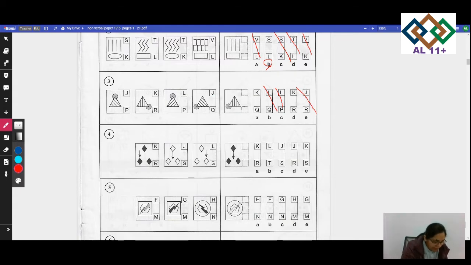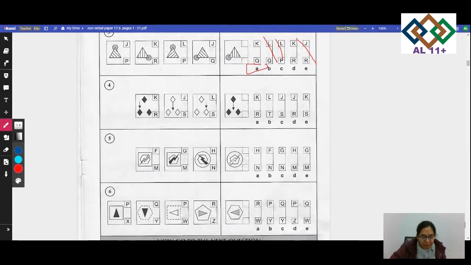The answer for number three is A, because as I told you, we are looking at the circle on this side. R has a circle on this side, but we need a circle on this side. So it's KQ.